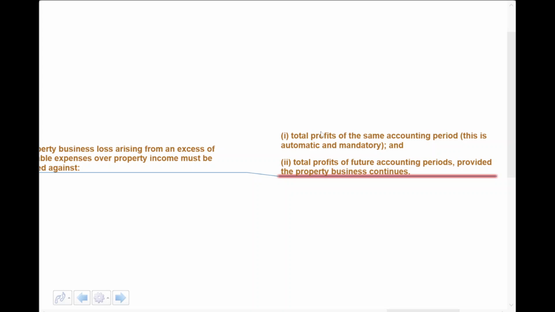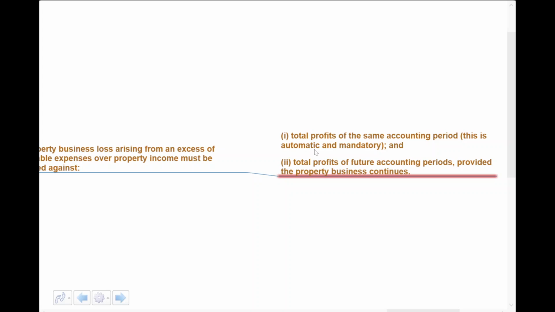So picture a scenario. We've got a company with multiple forms of income: trading income, interest income, and a property loss. What do they need to do? They put the loss in as a negative and offset it against the trading income and the interest income. And remember, it's mandatory. It's not a case of, no, I want to carry it forward. You can't.